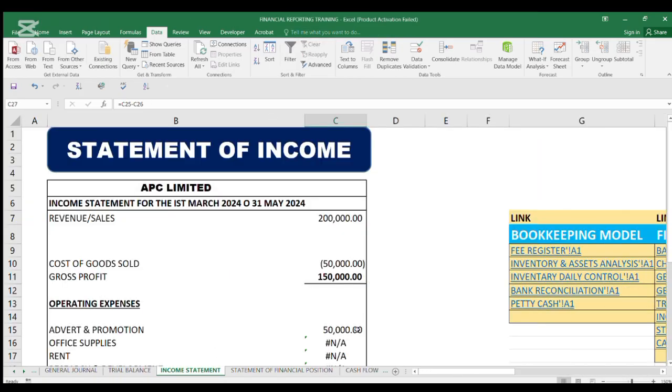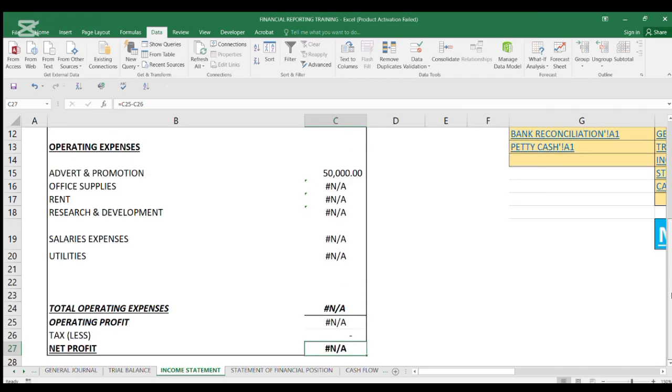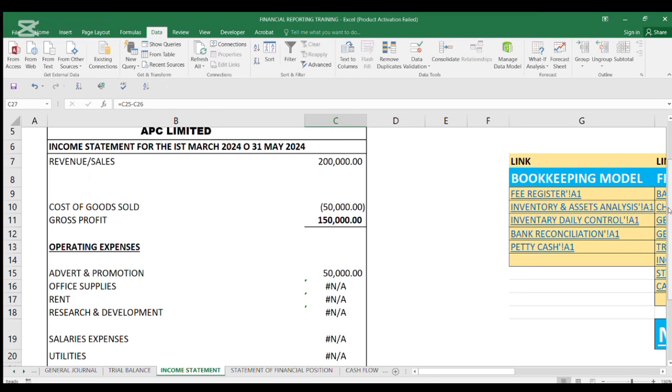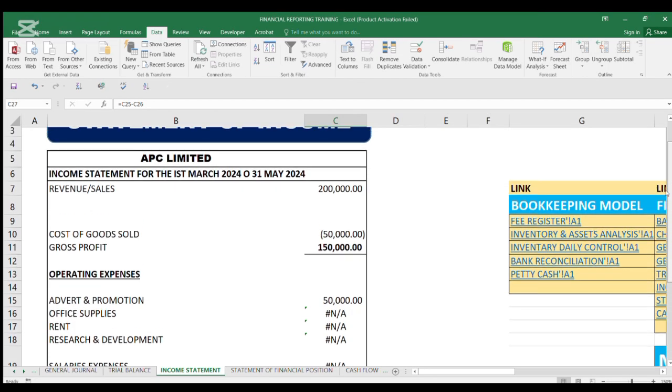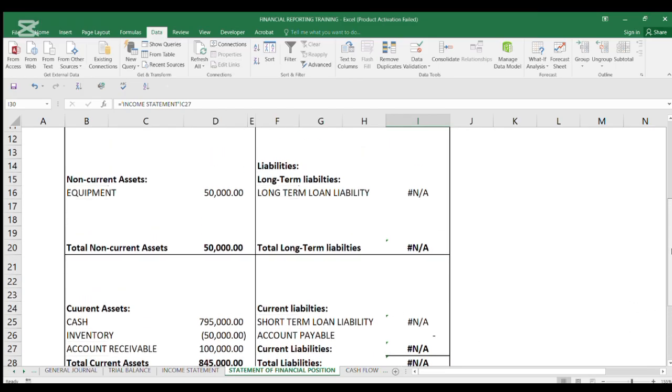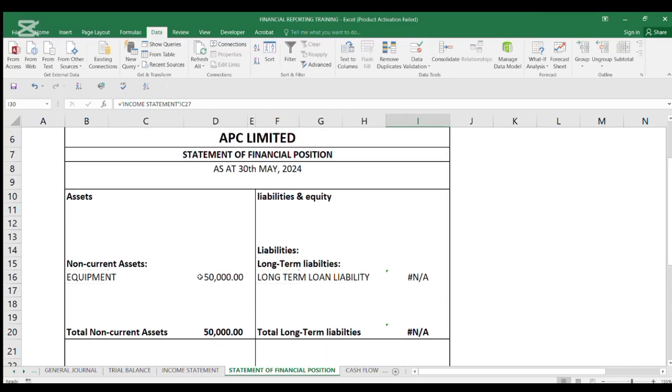You can see the income statement. So we have not finished posting. The moment we finish posting, everything will take shape. This is the financial owner's equity. You can see it has appeared here. Look at the equipment we just posted. It has appeared here.